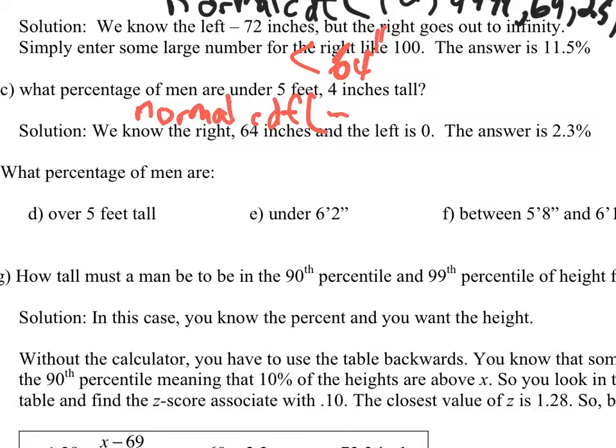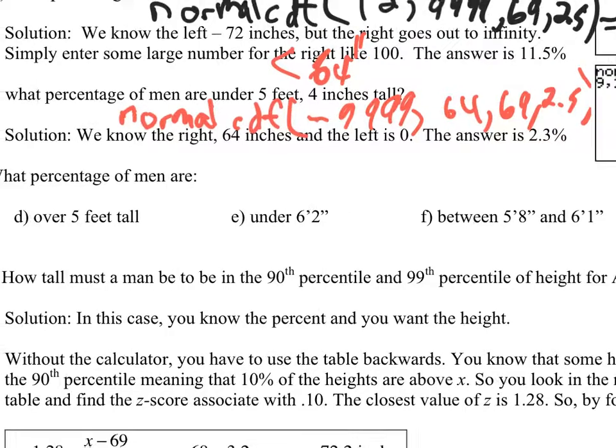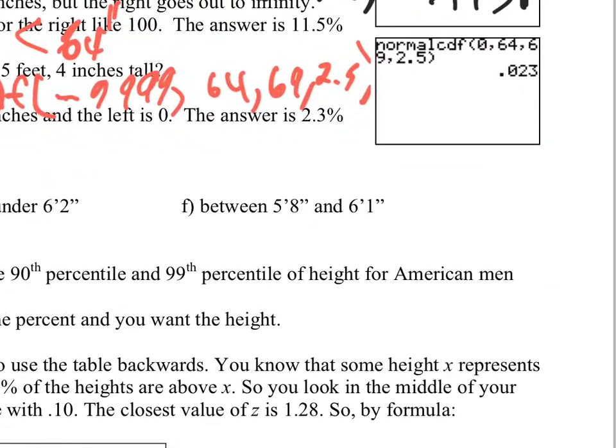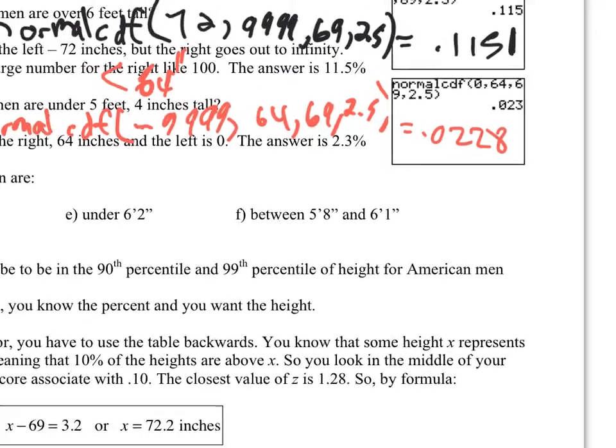Negative infinity, so negative 9999, comma, all the way to 64, comma, 69, comma, 2.5. And what is that answer? 0.0228. See, he rounded it. 0.0228. Yeah, he set his calculator to 3. I'm not sure why.